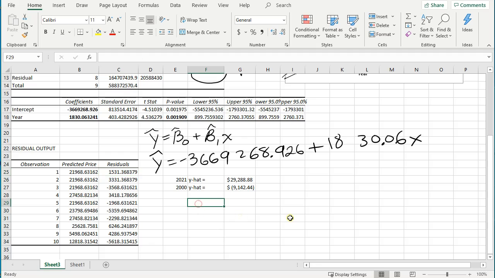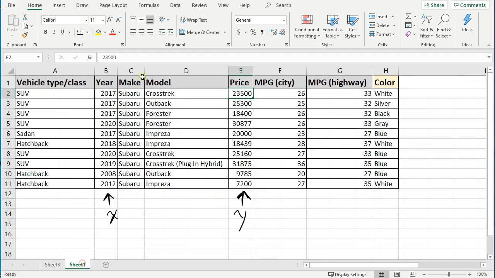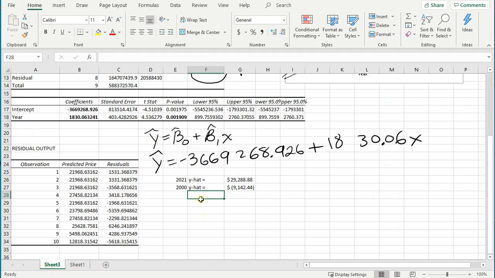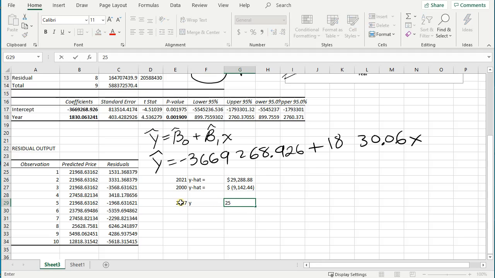Let me show you what I just said. What year was that? That was a 2017 car costing $23,500. For the 2017 car, the real Y was $23,500. So this is the Y observed.